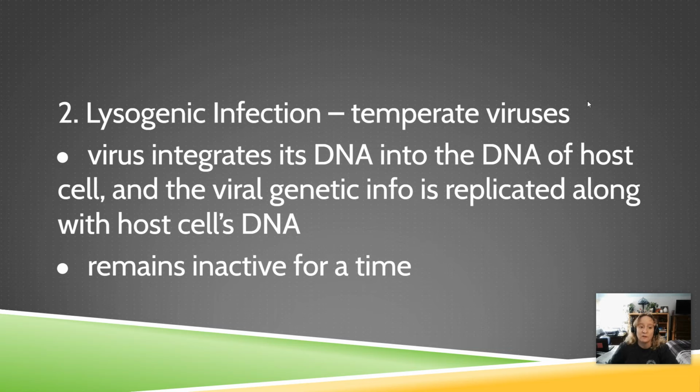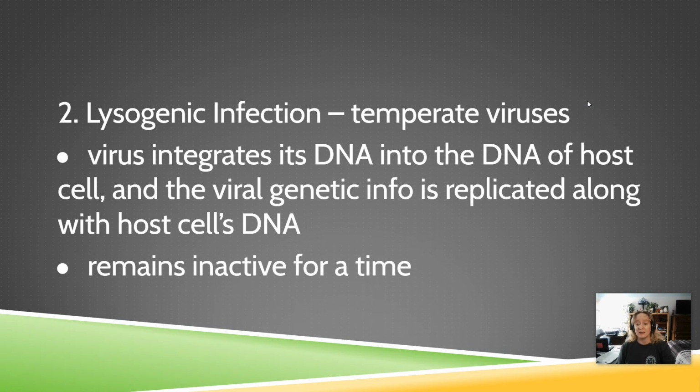Otherwise, there is what's called the lysogenic infection. These are temperate viruses, where the virus integrates its DNA into the DNA of the host cell, but doesn't take over right away. The viral genetic info is replicated along with the cell. So your cell divides into 2 cells, and the DNA is in it, then into 4, then into 8.